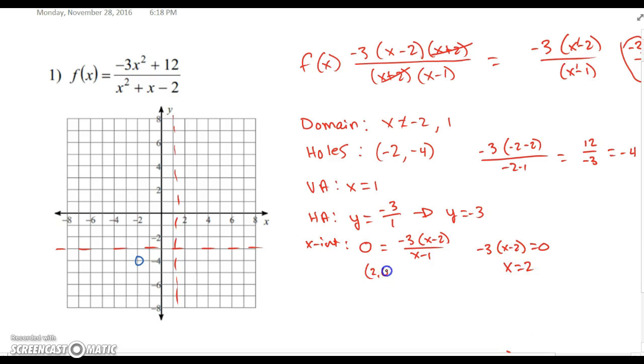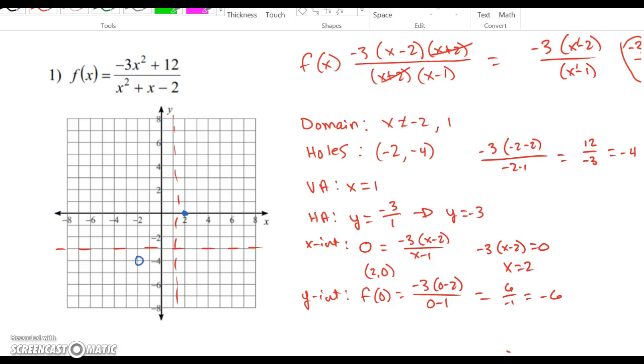So x-intercept at (2, 0). Okay, y-intercept. Plug in 0 for x. Which gives me (0, -6).